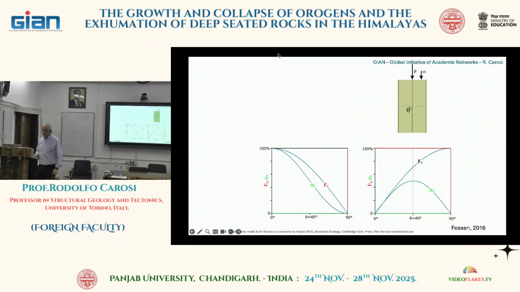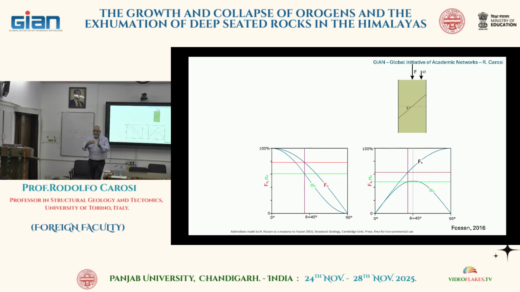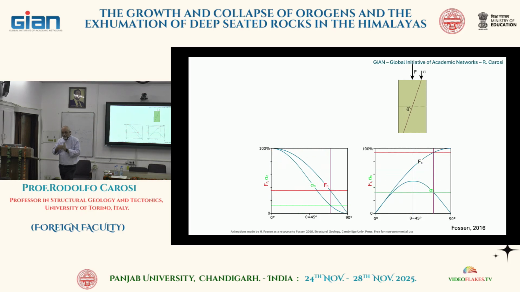Because you have also the competition between the normal stress and the shear stress. At 45 degrees, the normal stress that is perpendicular to the surface is still very high, so it cannot allow a good slip along the surface.